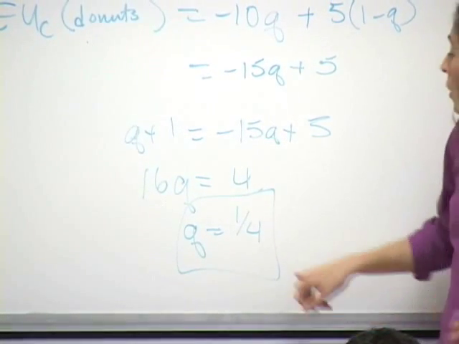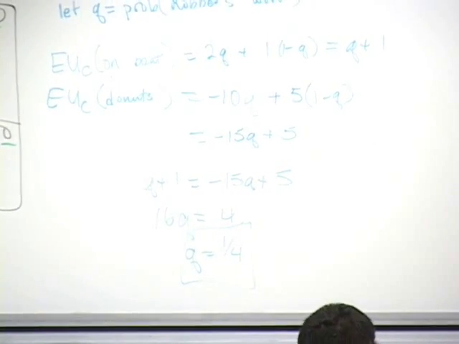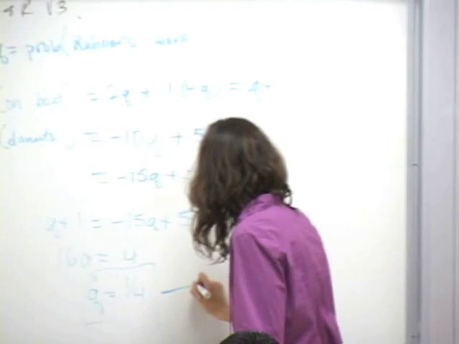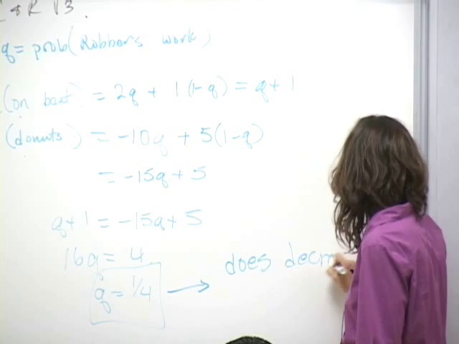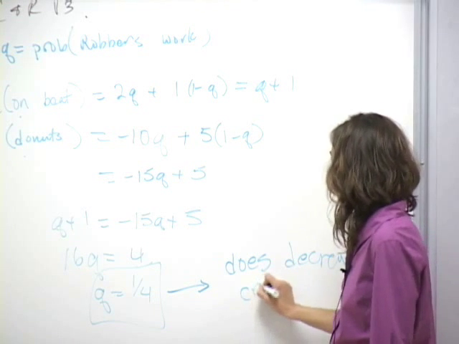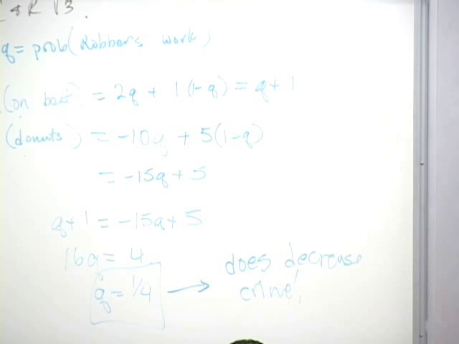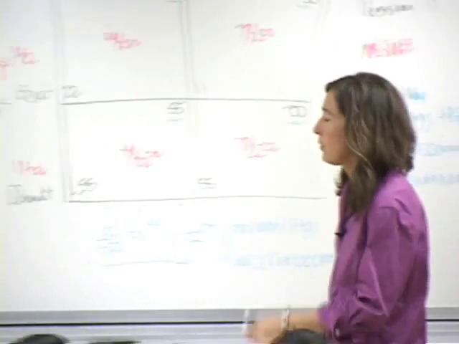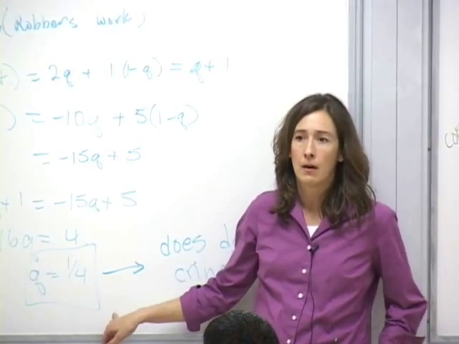Okay. 1/4 is indeed less than 4/11, so this does decrease crime. And by decreasing crime overall, it also decreases the probability of undetected crime.